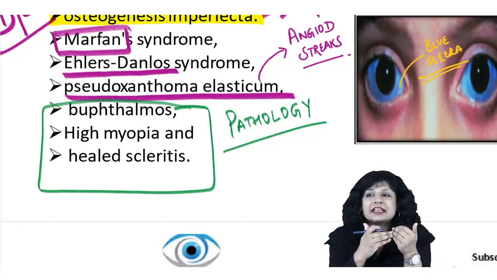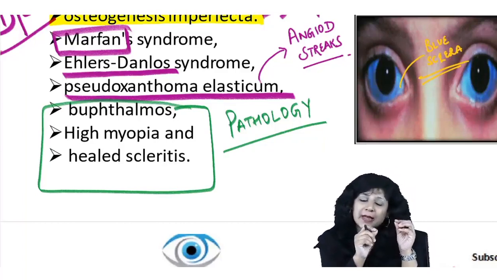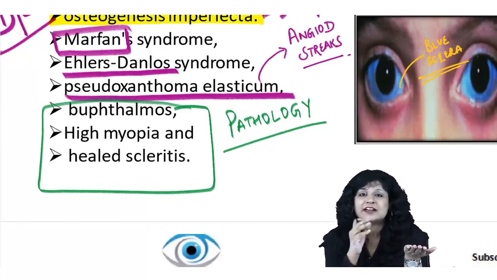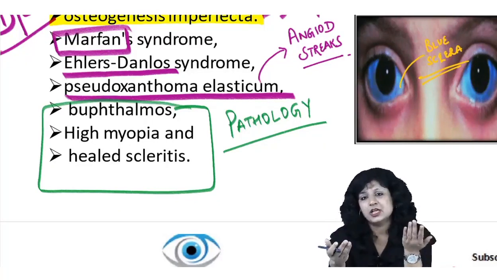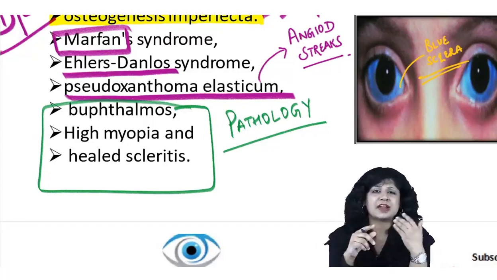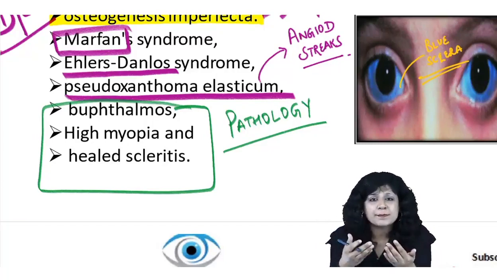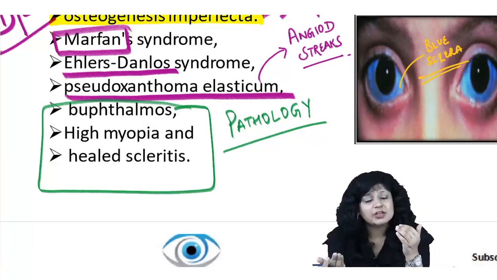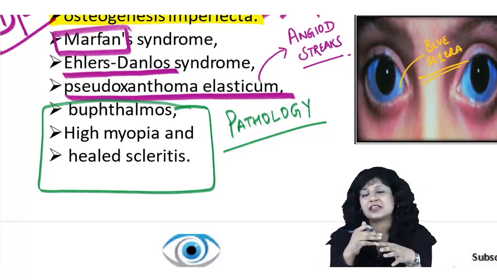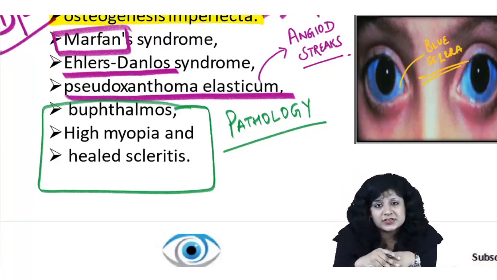Obviously they won't say just by the blue sclera only that you have to make the final diagnosis. That is only a DD. But the age of the patient, the related symptom of the patient, the refractive status of the patient, the IOP or the slit lamp pathology, whatever are the other things that they have given you, along with that they will certainly help you in approaching the question.